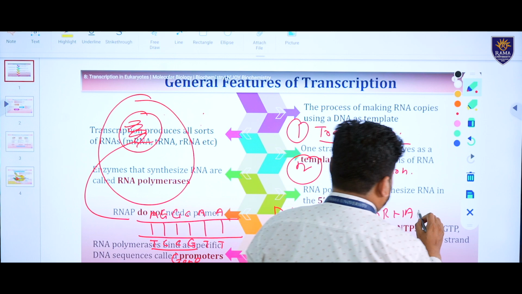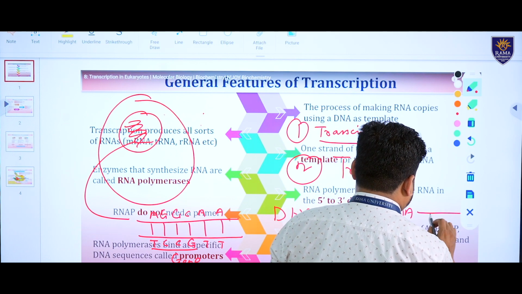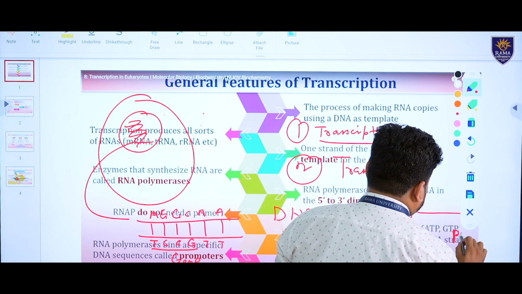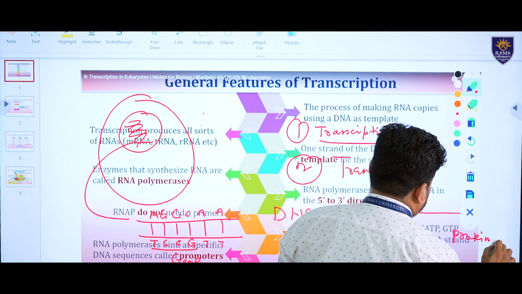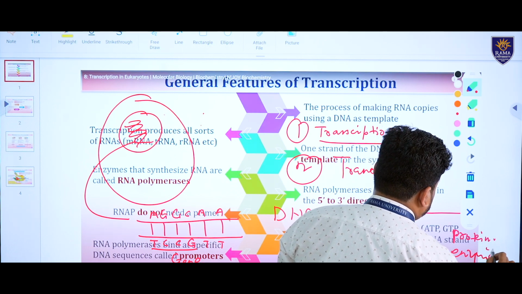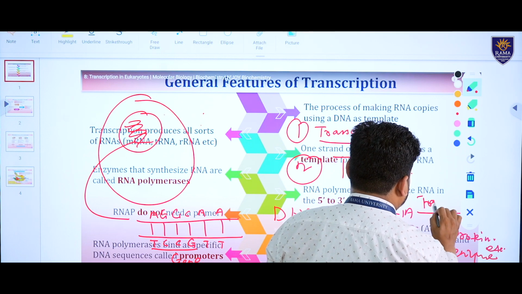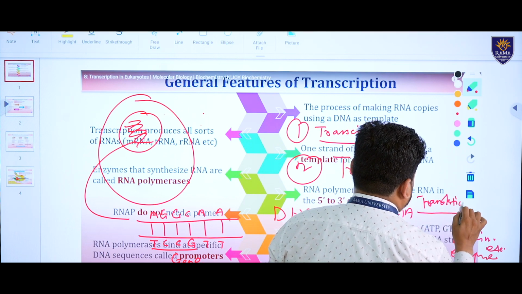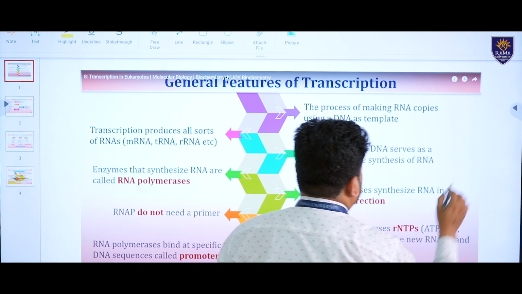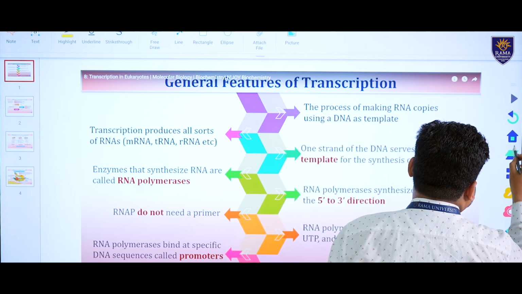And from mRNA, protein, enzyme, etc. are produced, and this process is called translation.